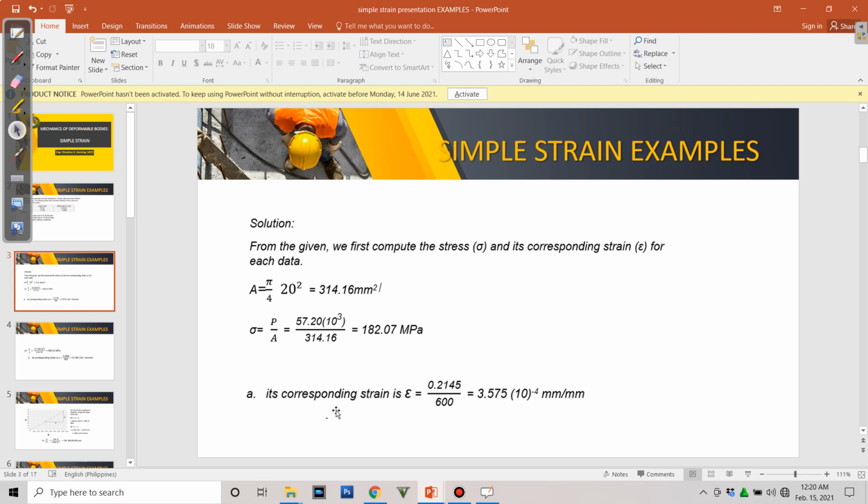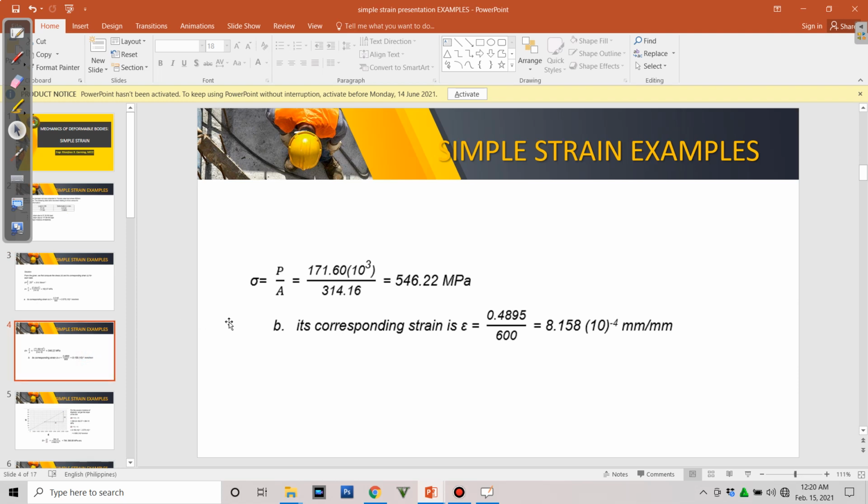So for each corresponding strain, this value has nothing to do with the strain, because strain is an independent formula. Strain is equal to the deformation over the length. The length is 600 here, and the first deformation is equal to 0.2145. By quotient, we have 3.575 times 10 raised to negative 4 millimeter per millimeter.